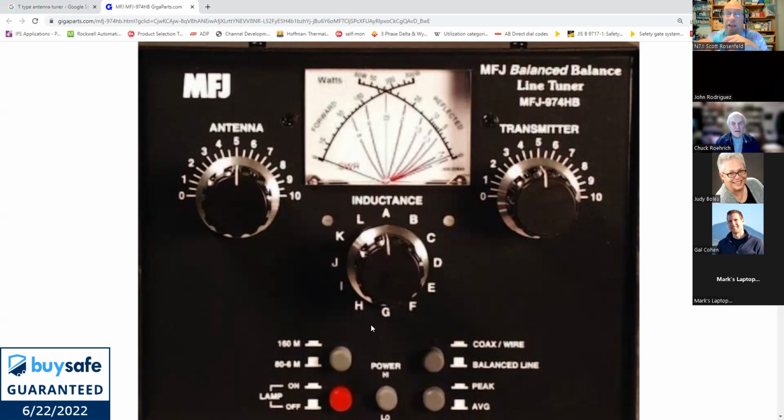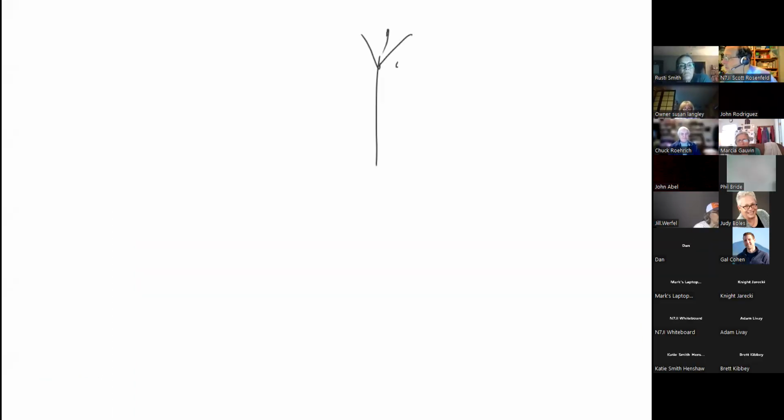So what we've created here is essentially a variable changer. For instance, if I were to say, okay, here's my antenna, and my antenna has an impedance of 50 ohms. And I come down here, my cable has an impedance of, let's say, 75 ohms. I would have a mismatch, and looking out into the cable, I would have an impedance of question mark.